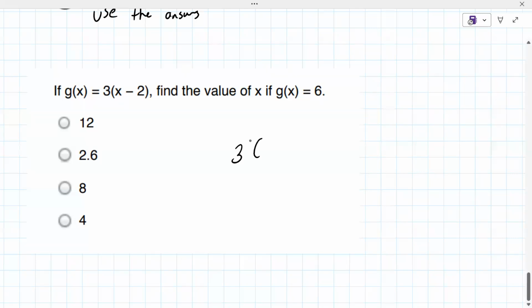You can always check, right? Is 3 times 4 minus 2, does that equal 6? Does that work? I think so. Yeah, it does. So it depends on the problem, right? It depends on what you're given, whether you should use the answers or solve it, and so on.